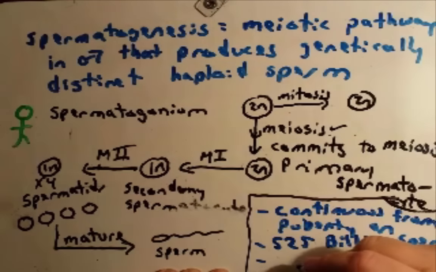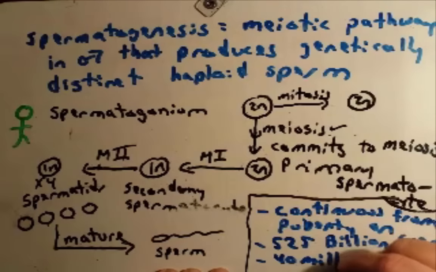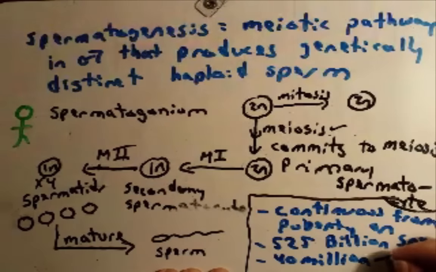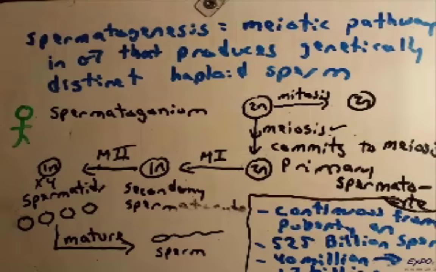In each ejaculate, there will be about 40 million to 1.2 billion. So a question we might address at some point is, why is it that so many sperm are produced per ejaculate, and why are so many produced in general when so few are actually ever used? There seems to be some kind of advantage for that, and so we'll talk about that as we move on.